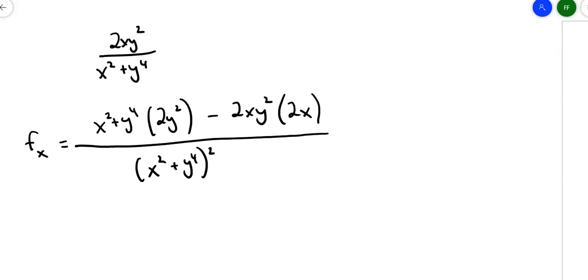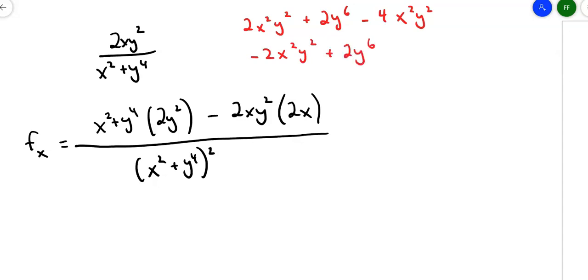All right, let's do a little scratch work up on the top here, see if anything factors out. I'll end up with a 2x squared y squared plus 2y to the 6th minus 4x squared y squared. Okay, so it looks like the x squared y squared terms combine. That gives me a negative 2x squared y squared plus a 2y to the 6th.